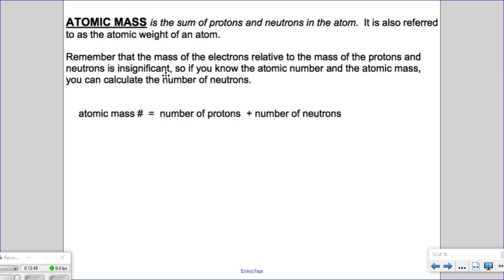So the atomic mass of that element tells us the sum of protons and neutrons in the nucleus. If you know the atomic number and you know the atomic mass, you can calculate the number of neutrons. The atomic number, remember, is the number of protons.